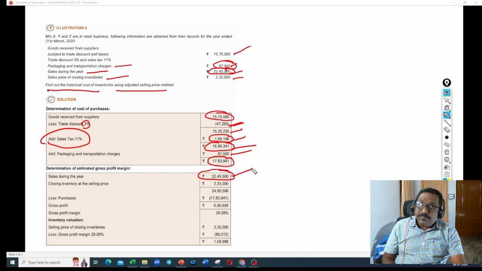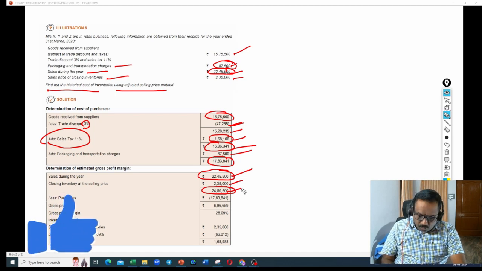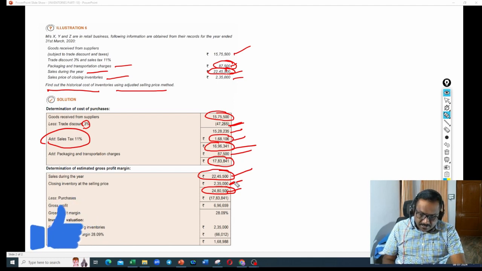Closing inventory sales value they have given, selling price 2,35,000, you have to add back to arrive at the total saleable value. So you will get 24,80,500, which is the total of whatever goods sold and whatever goods are in inventory put together. We are arriving at the gross margin now, right? So you need to add this back.